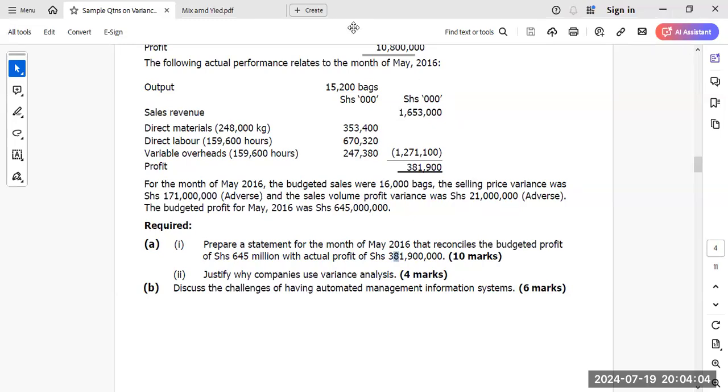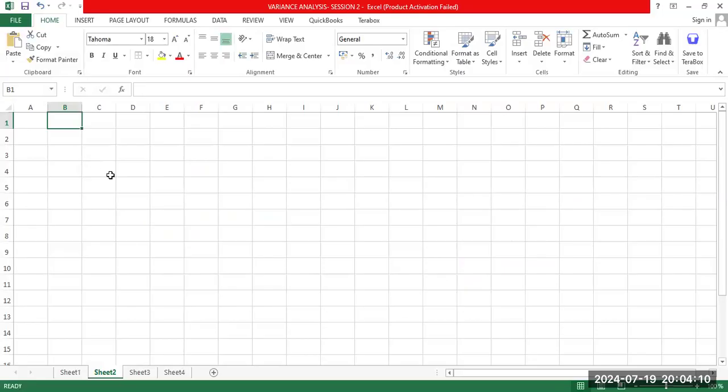So how are you going to start? In your books, you need the first page. On the first page you will say which company this is.